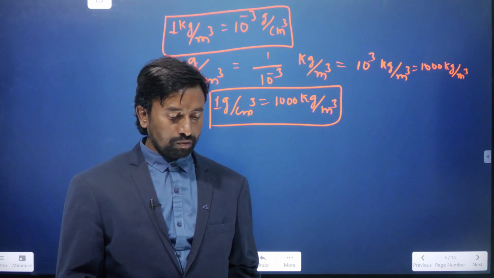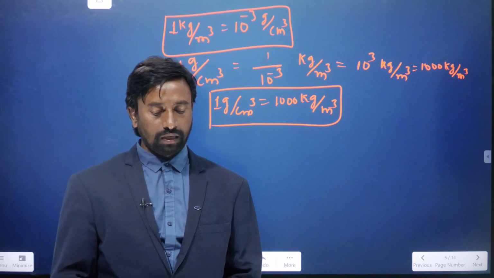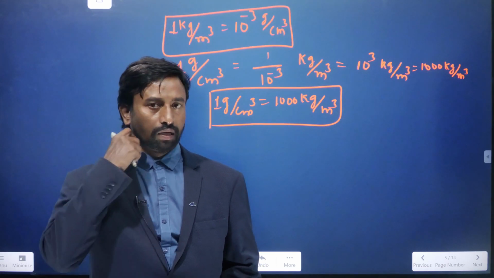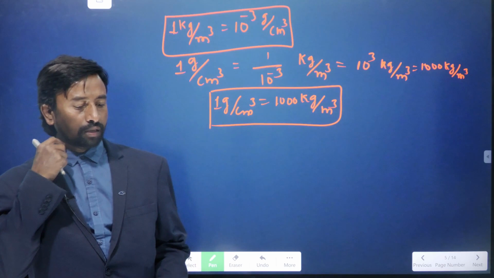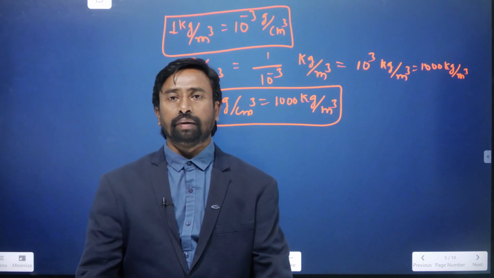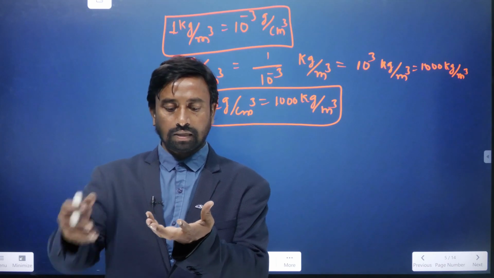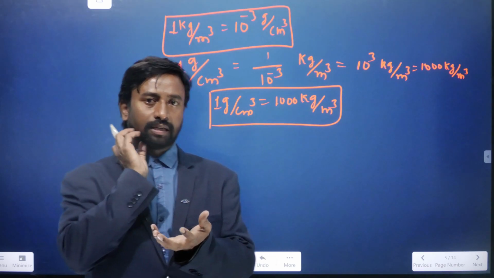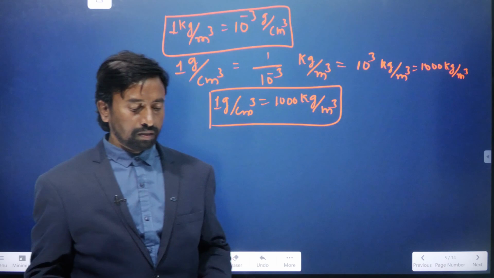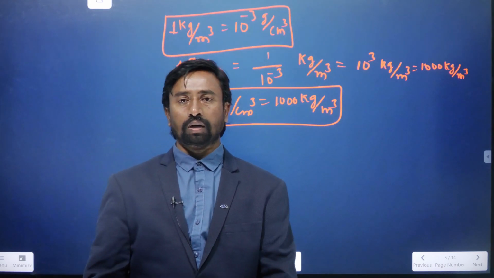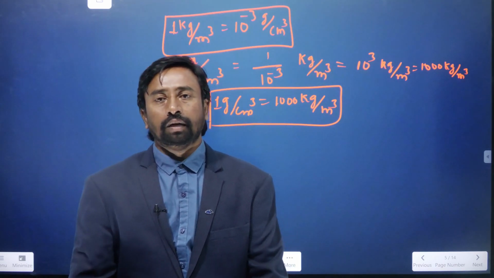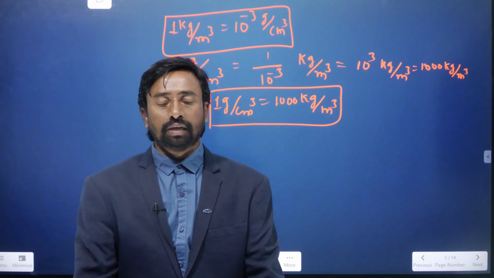Suppose there are two liquids taken. Any liquid has a certain density, because it has a certain mass occupying a certain volume, so there is a mass per unit volume. Every substance has a certain density.